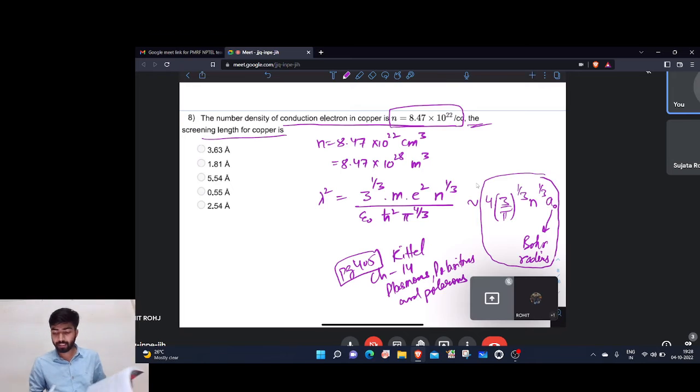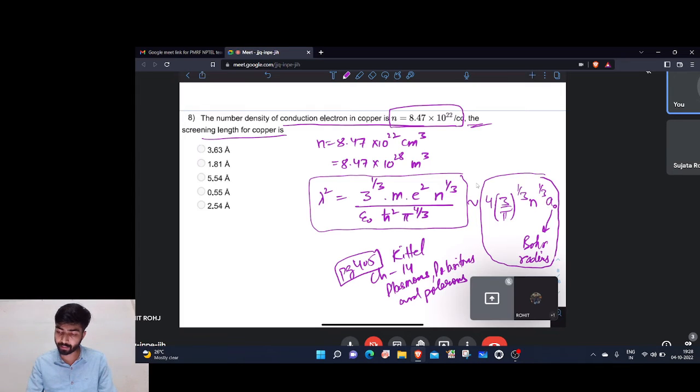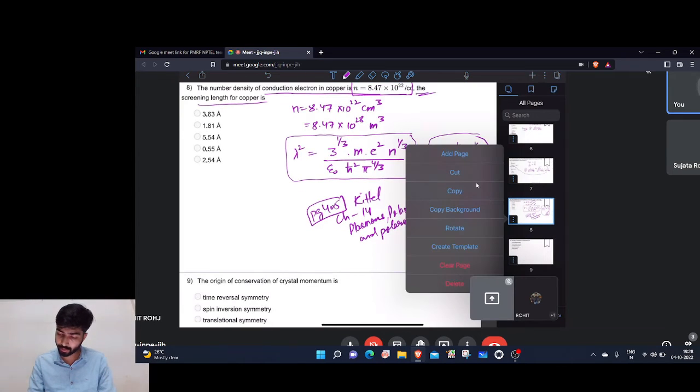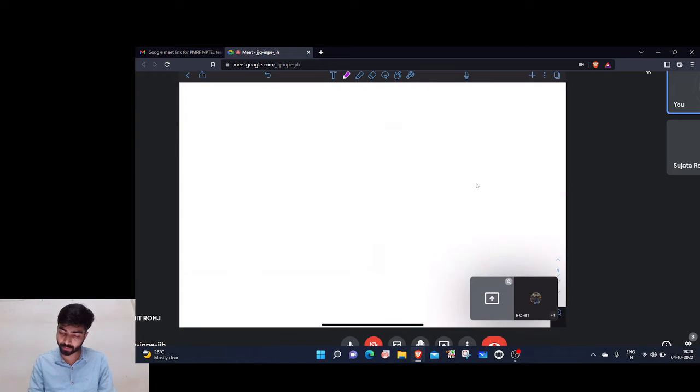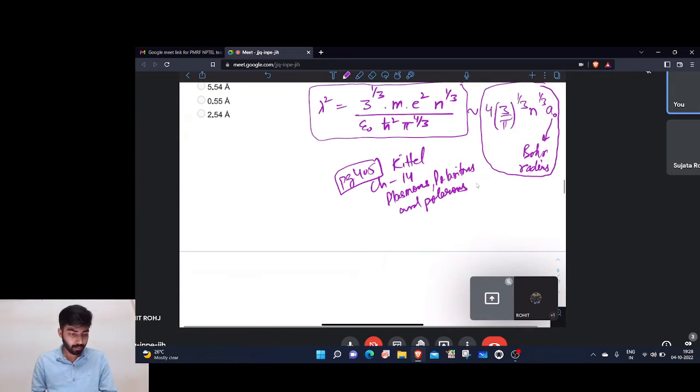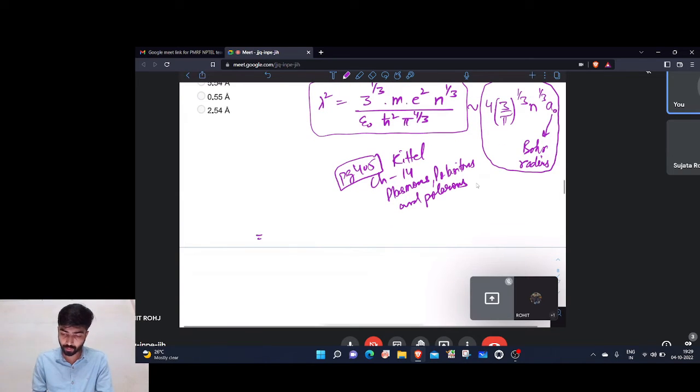But let us stick to the basic expression, and we will see where we end up. So I'll take a separate page to do the calculation explicitly right away. So let us find out these values.